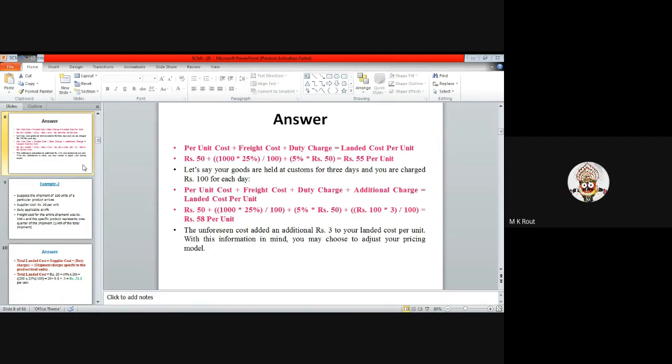I advise all of you to note it down. The per unit cost given is 20 rupees. In the case of freight cost, that is 200 into one fourth of the shipment, that is 25% divided by 100, plus the duty charges, 4% into 20 rupees. Just calculate how much and get the answer.